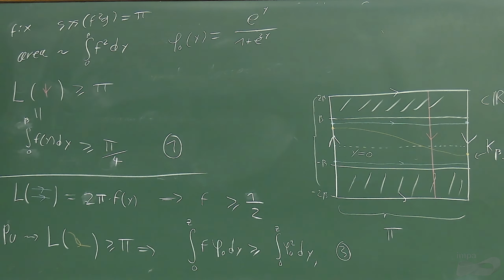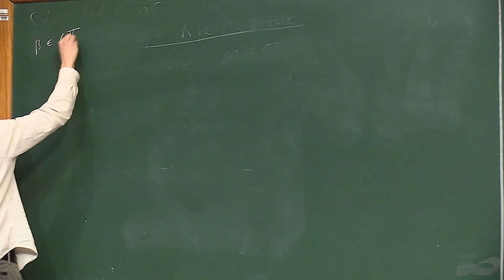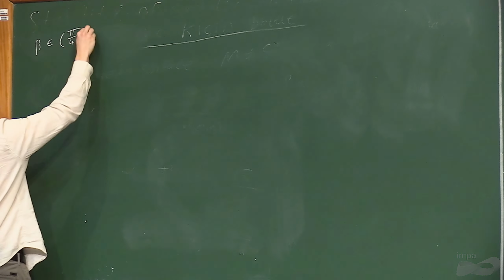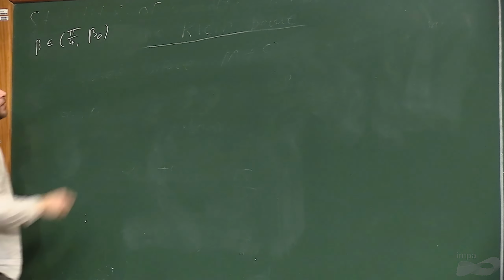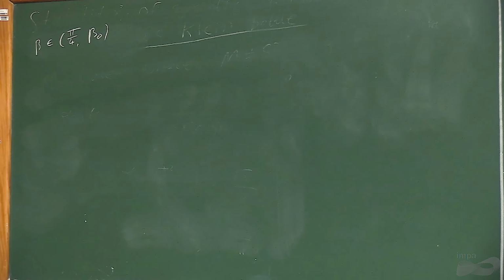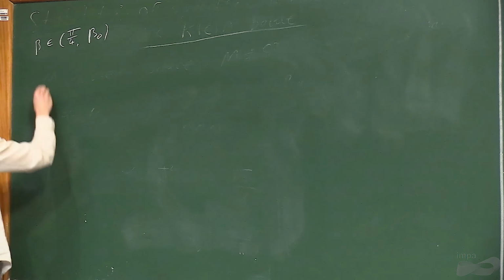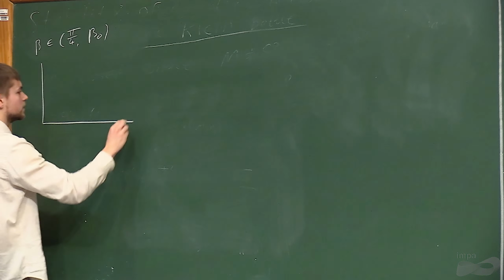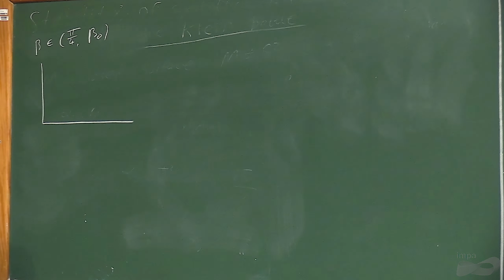So for example, if we take beta between pi over 4 and this minimizing value beta 0, then basically what you would like to do is always use the function phi 0, so you don't have to worry about these curves in the Möbius strip.